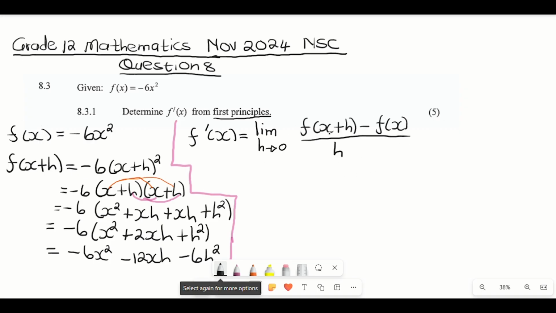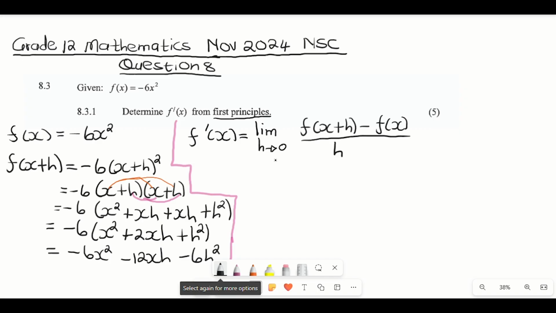So now we can use the formula. Something you need to be aware of as you use this formula is that on every step, you must write lim as h approaches 0 until you get to a point where you make h 0.